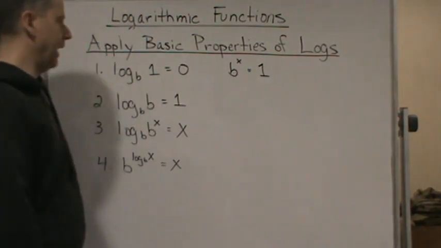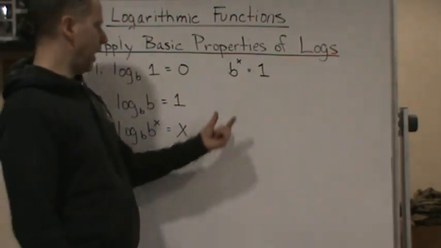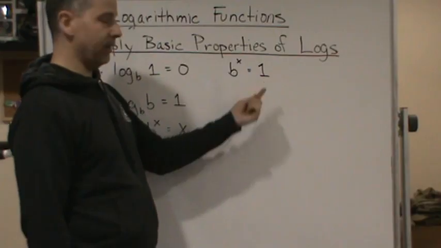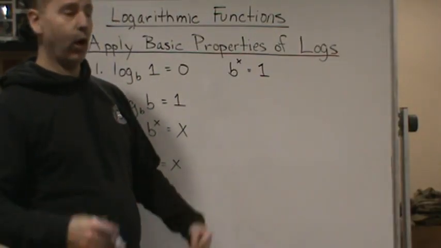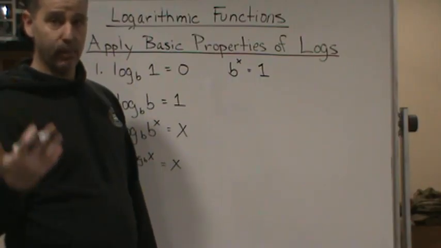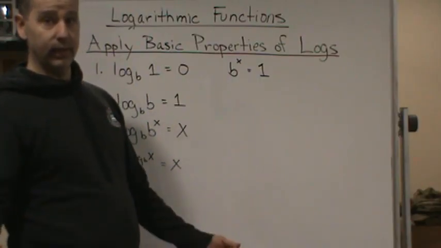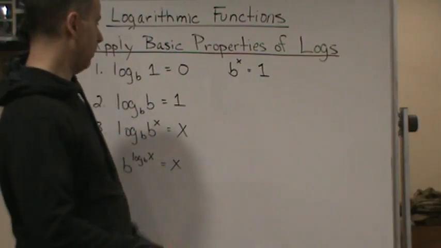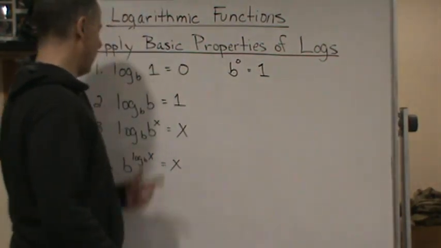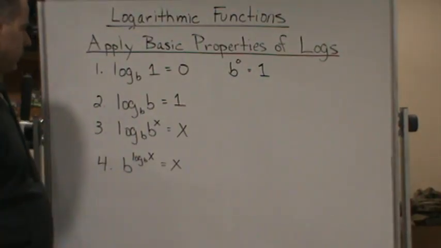Well, if you take a real number, what power would I have to have in order to have it equal 1? We all know the only exponent that will make any number 1 is 0. So that's why this is always true for logs.